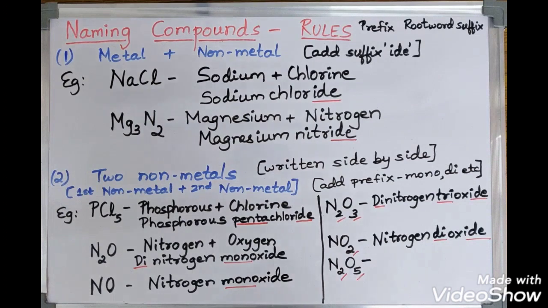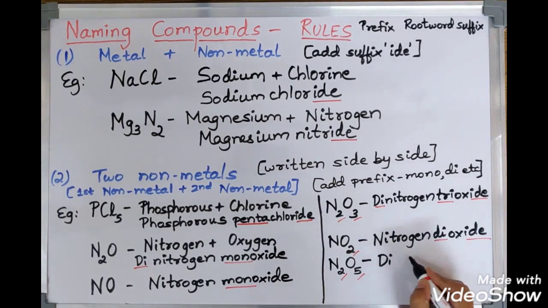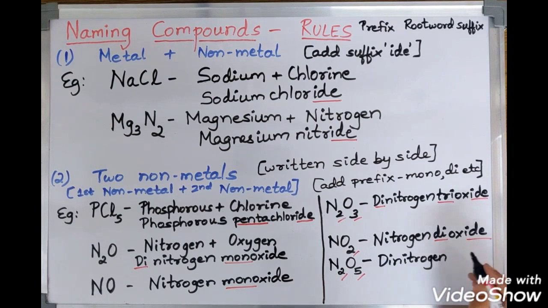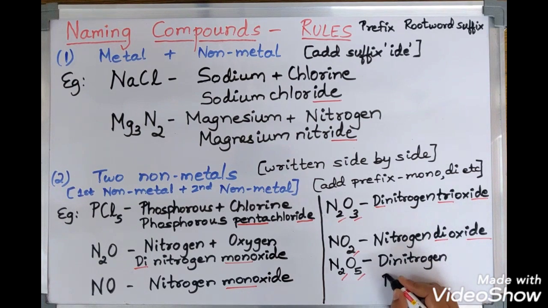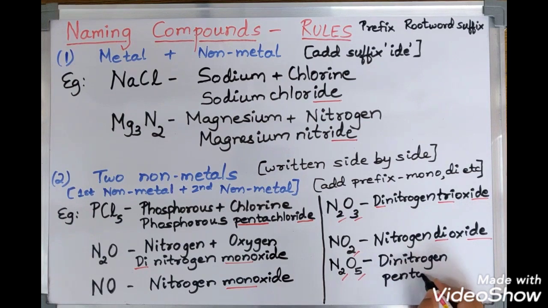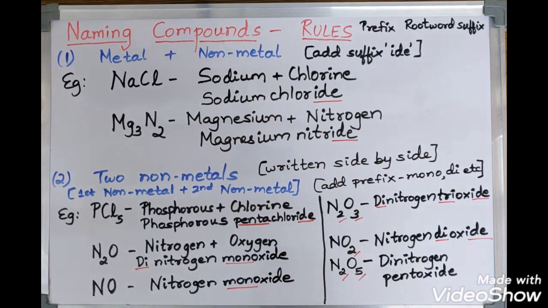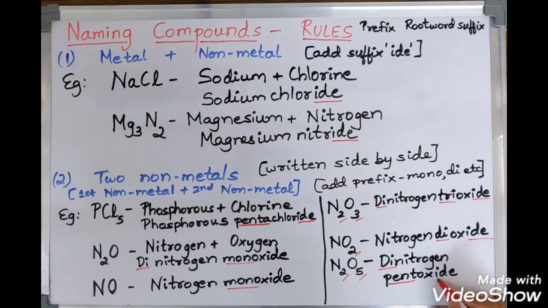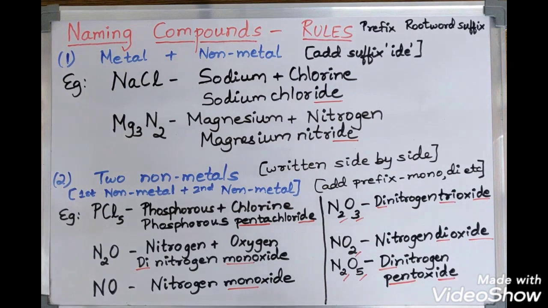So when we have 2 and 5, it is again dinitrogen pentoxide, because it's 5 atoms of oxygen. So di, penta, and then IDE the suffix.